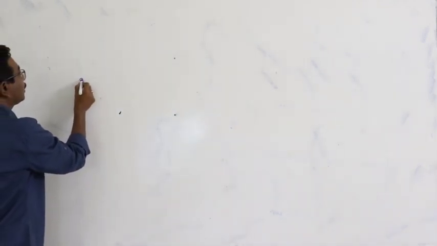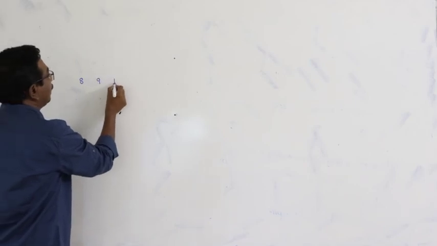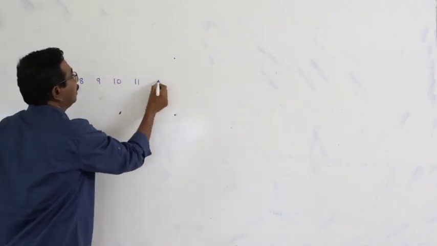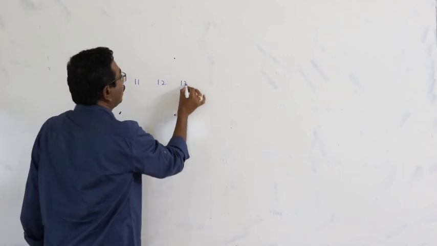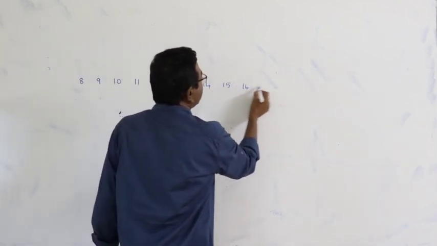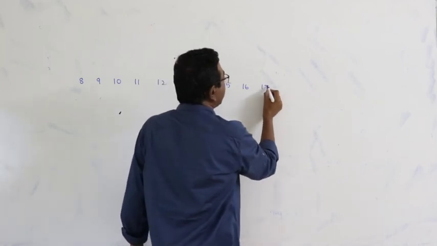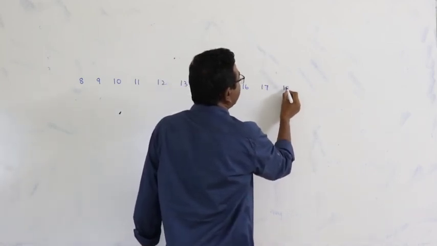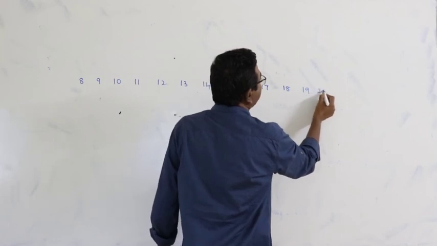Here is the electron system: 8, 9, 10, 11, 12, 13, 14, 15, 16, 17, 18, 19, 20.